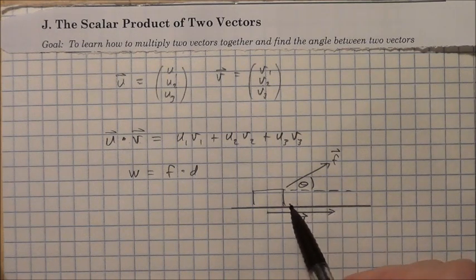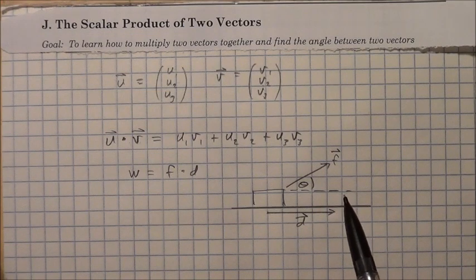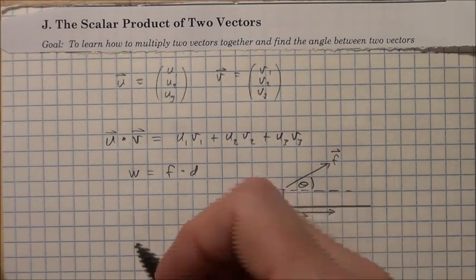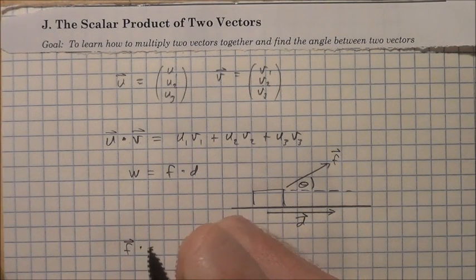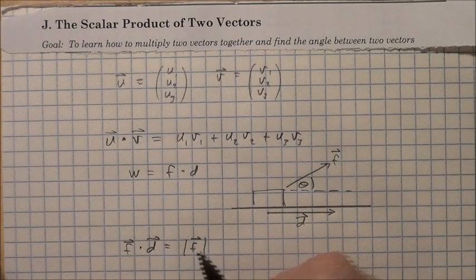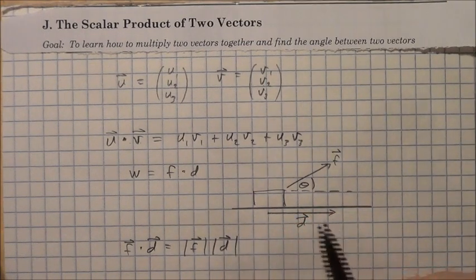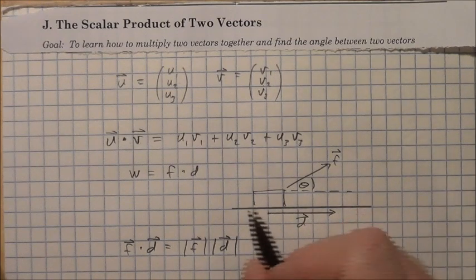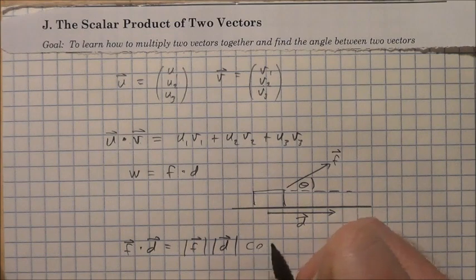And so the other definition of the scalar product is where we will go F dot D equals the magnitude of F, so the magnitude of the force, multiplied by the magnitude of the distance, so the distance that this block has been moved, multiplied by cosine theta.